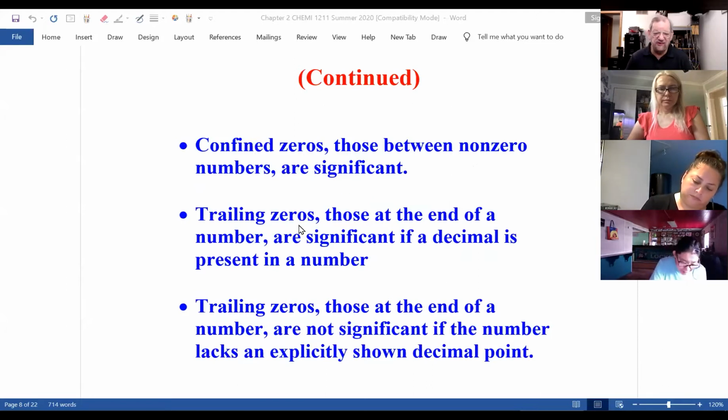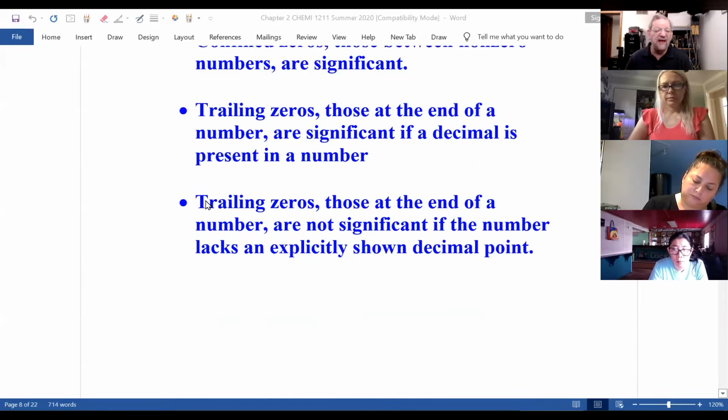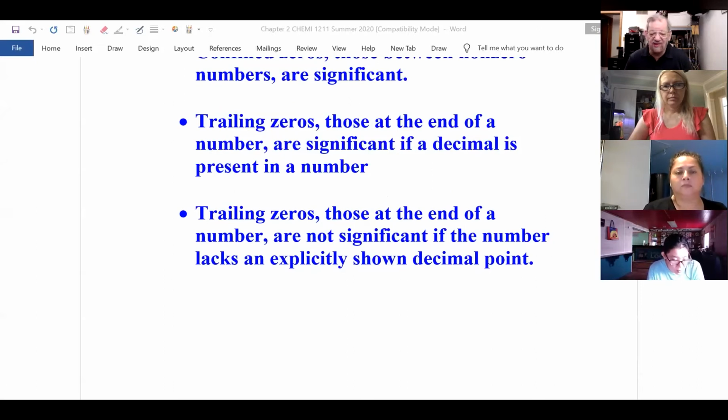And trailing zeros, those at the end of a number, are significant if a decimal point is present, or decimal. And I guess I should have had point up here. Trailing zeros, I guess it just fell off the screen. But anyways, trailing zeros, those at the end of a number, are not significant if a number lacks an explicitly shown decimal point. So what does this mean? How do we use this? Well, let's take a look.